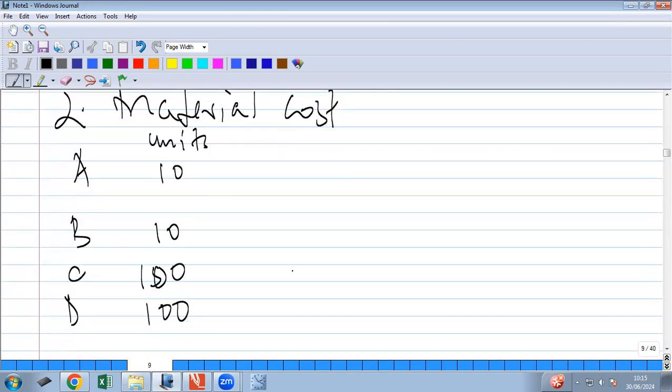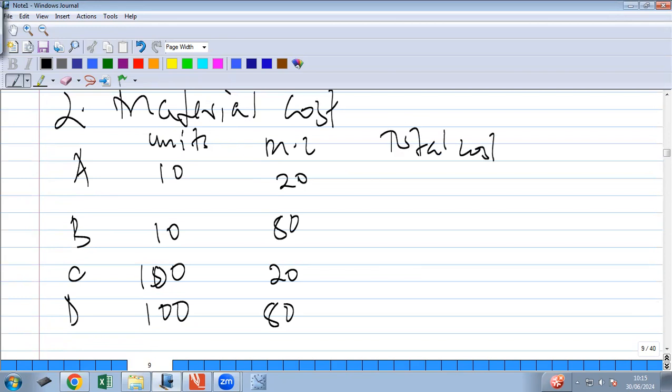So we have here, this is material cost per unit, which is 20, 80, 20, 80, and nothing else, right? So we can put here our total cost.